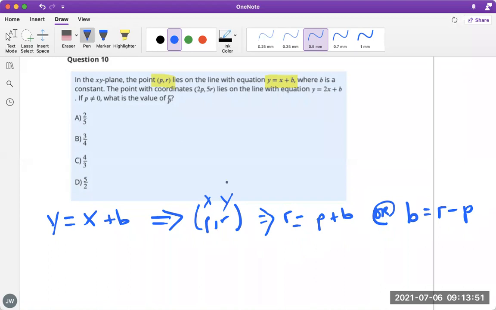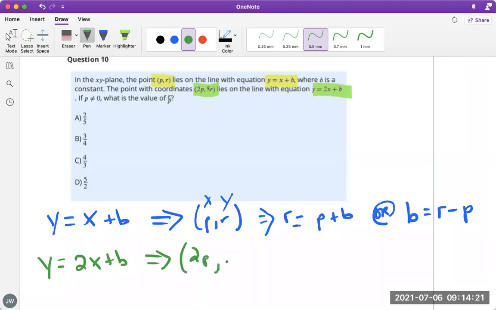Now, similar to that, we have 2p for x, 5r for y, and that lies on the line y equals 2x plus b. So we're going to do the same thing. This time our equation is y equals 2x plus b, and we're going to substitute in the point (2p, 5r).